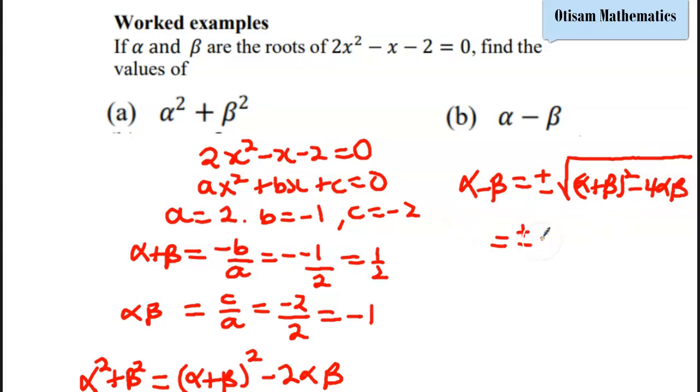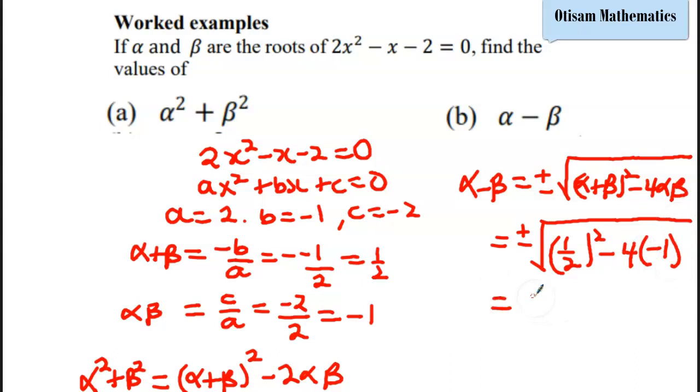So plus or minus square root of alpha plus beta, 1 on 2 all squared, minus 4 times minus 1. So this is the same as plus or minus square root of 1 on 4, and this time we get plus 4.